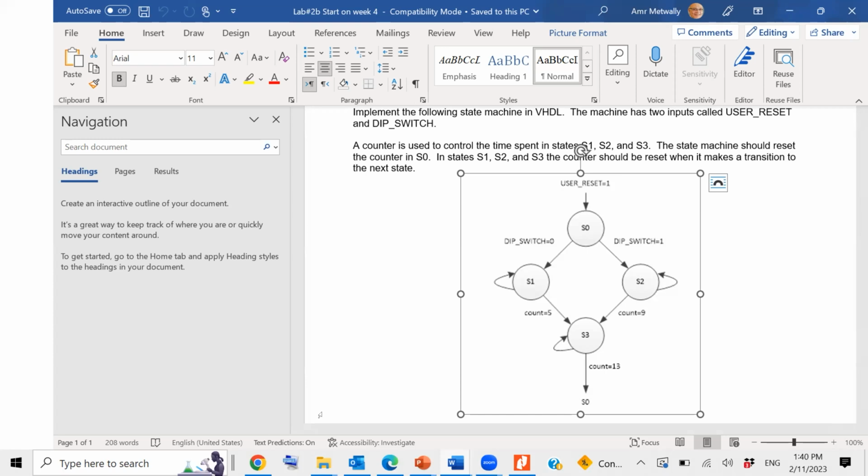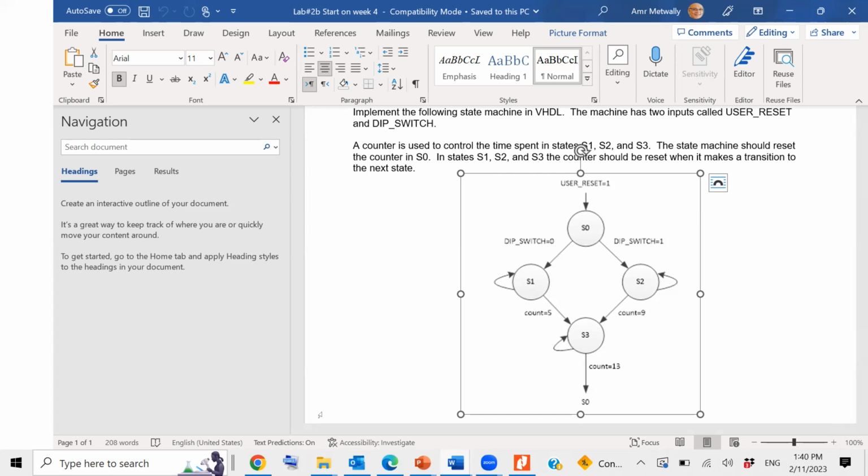If we are at state 2 and the count reaches 9, I'll be moving to S3. If I'm at state 1 and the count reaches 5, I'll go to S3. When I'm in S3, I count up to 13, then I move to S0. Whenever I move from one state to the other, the counter is reset to 0.